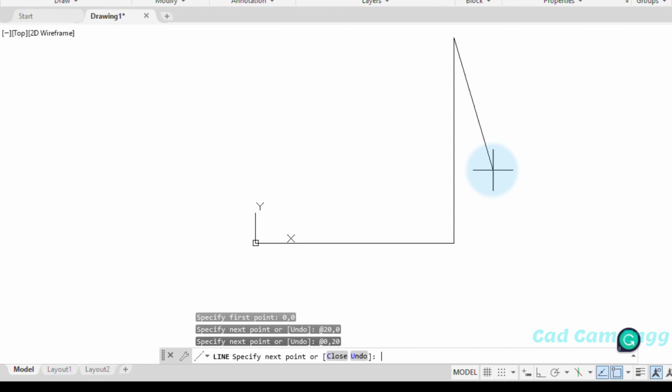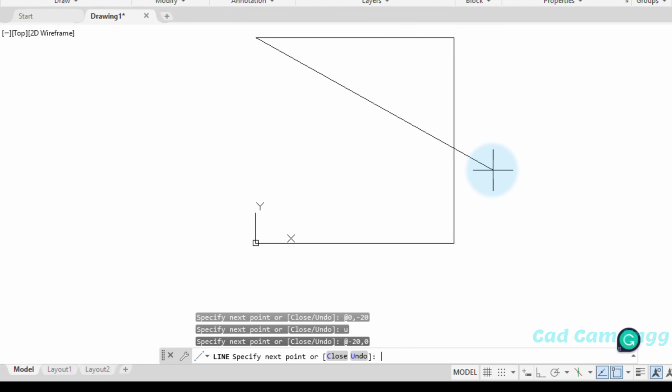Then point number 4: at the rate minus 20 comma 0. So don't forget, now we are using the minus, because now we move from right to left, with the x-axis minus 20 and the y-axis 0.